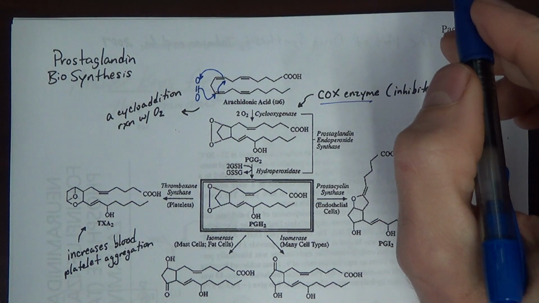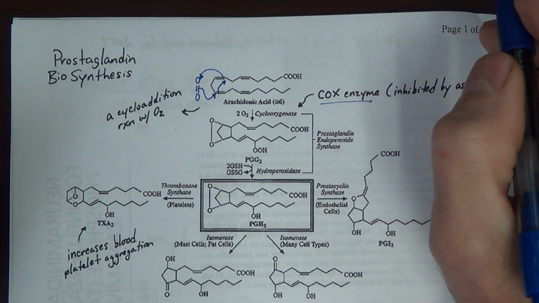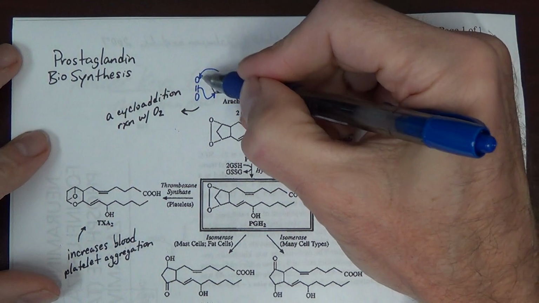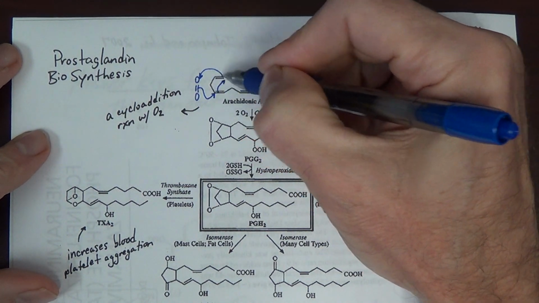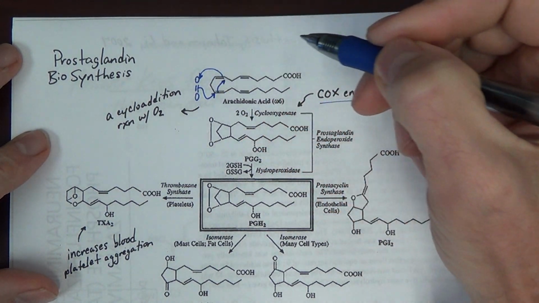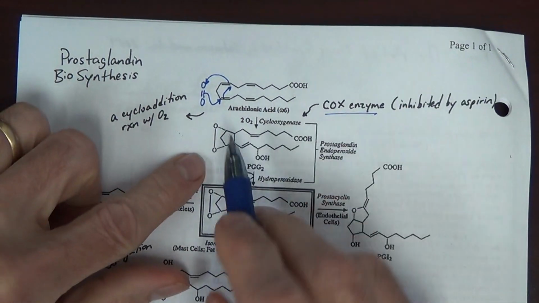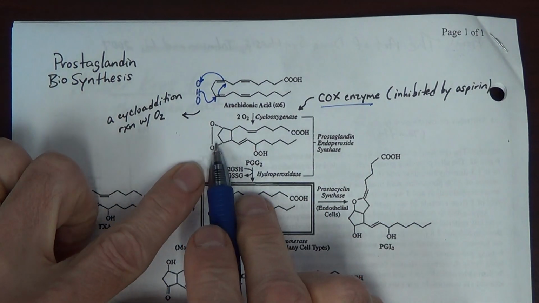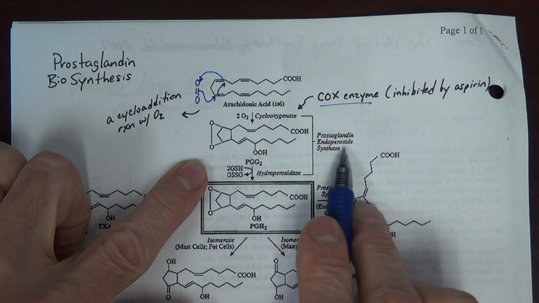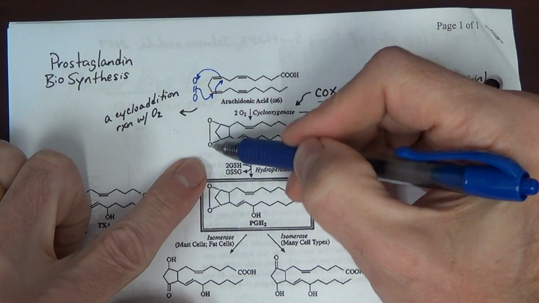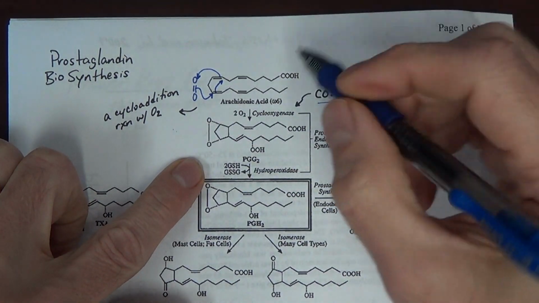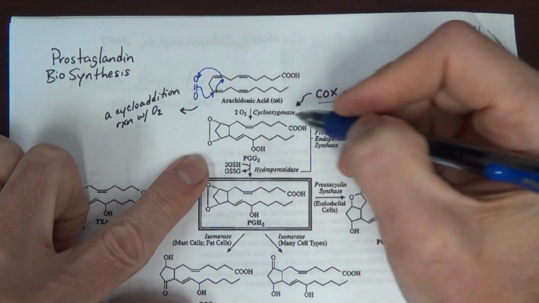Not exactly a Diels-Alder though. But it does involve these p orbitals sort of interacting, and it's a single transition state. And that leads to, if you can follow the arrow movement, this structure, which is called an endoperoxide. Two oxygens bonded together is a peroxide, an endoperoxide here.